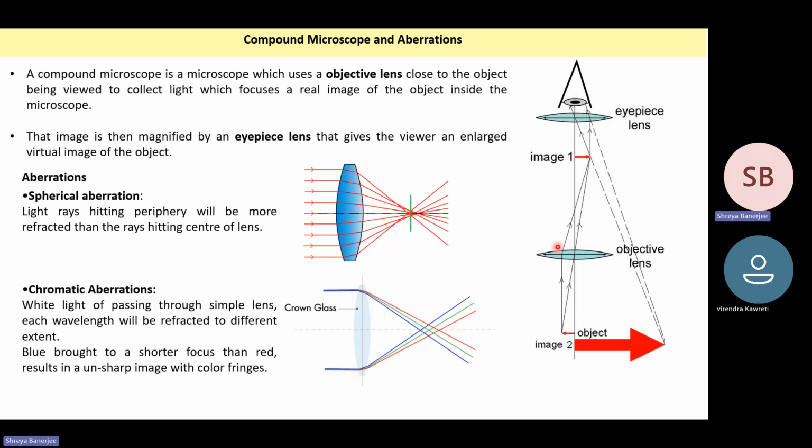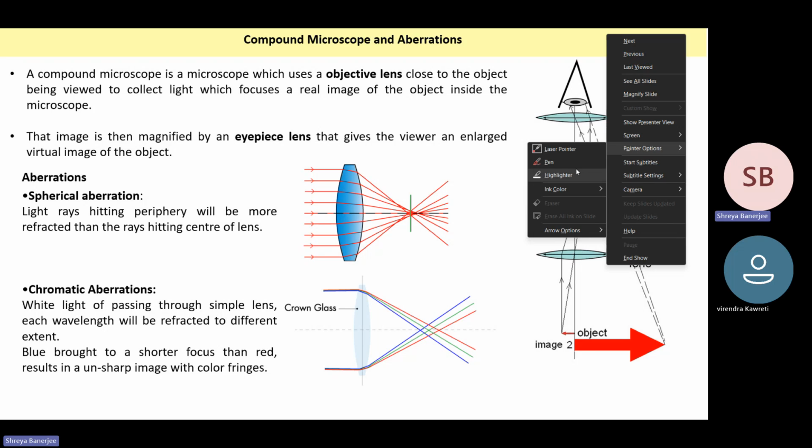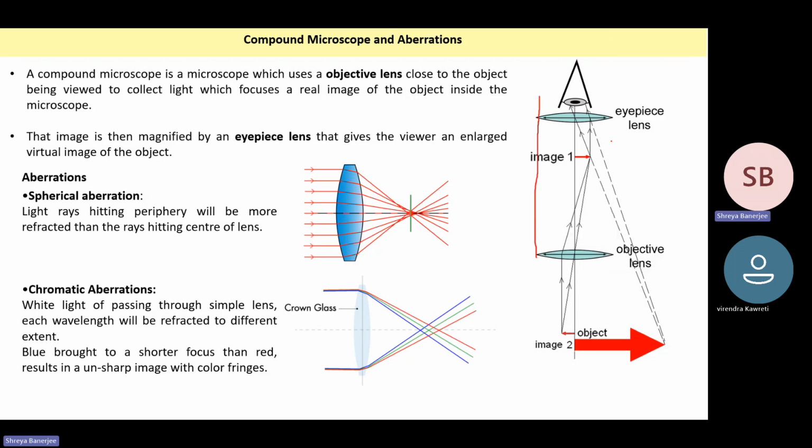It's a direct image because it is formed directly by intersection of these light beams, and the image you can see is flipped. So here the object was pointing this direction, the image is pointing this direction. So a real image or a direct image of this object is being formed inside the microscope. If you imagine the microscope tube going like this, then the first image is being formed inside the microscope.